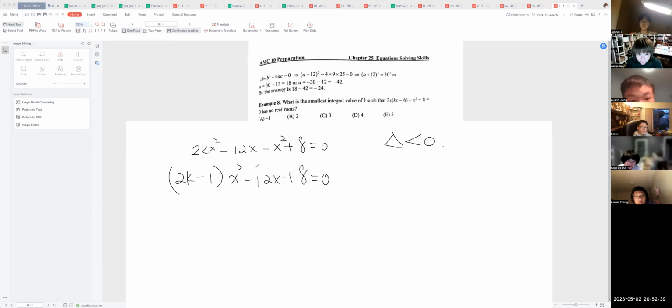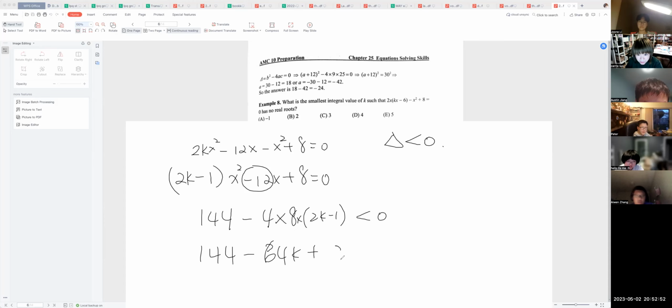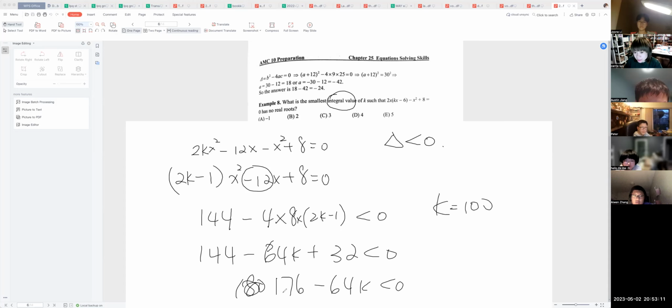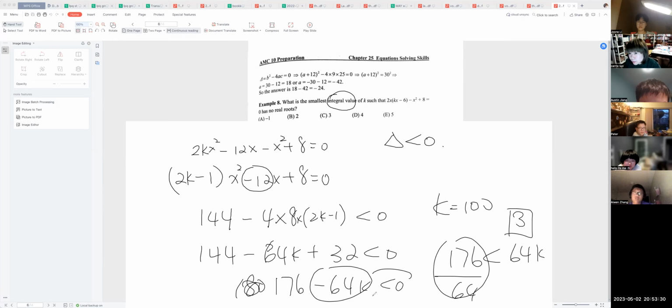So what is delta? B squared: 144 minus 4 times 8 times 2k minus 1 needs to be smaller than 0. That is 144 minus 64k plus 32 smaller than 0, so 176 minus 64k smaller than 0. What is the smallest integral value? K equals 100 would also work, but we want the smallest. So 176 is smaller than 64k, and 176 divided by 64 is 2.8.